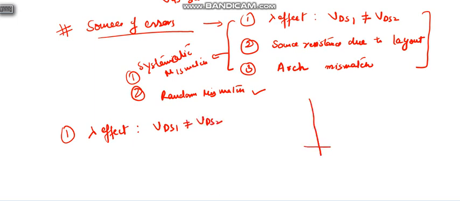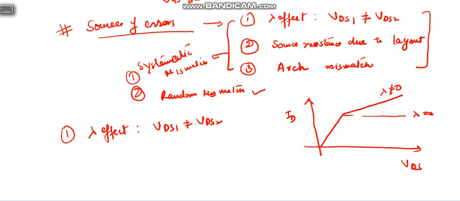If we plot the ID versus VDS graph and there is a lambda effect, it will go like this. Here lambda not equal to 0, and for this case lambda equals 0. For device M1 this is I1, and for device M2 VDS is VDS2 and current is I2.